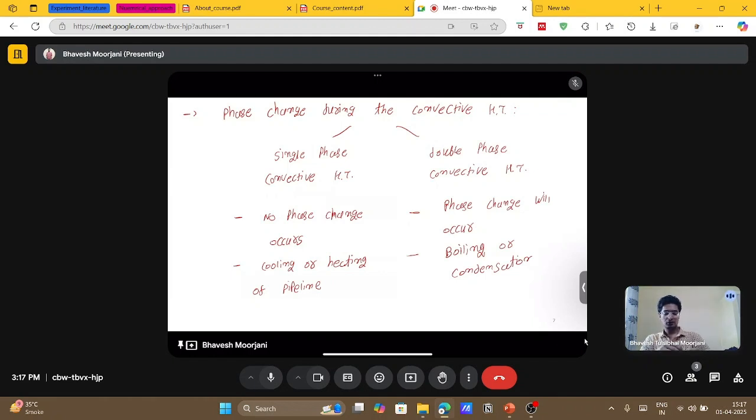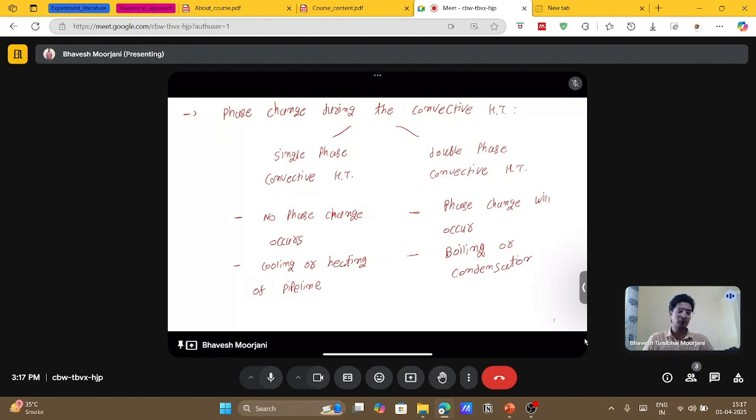So boiling, so you have boilers to generate steam, you have reboilers at the bottom of the distillation column to provide heat to the distillation column, then condensers to maintain the pressure of the distillation column to condense down the top vapor product, right?